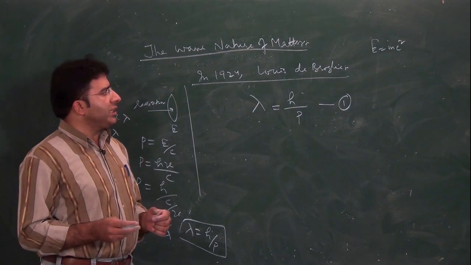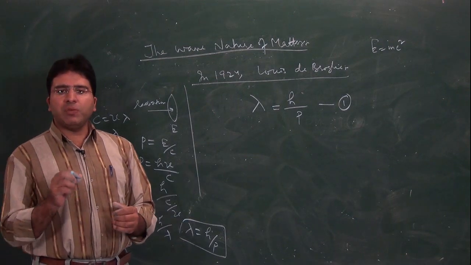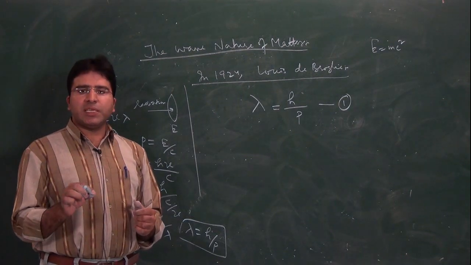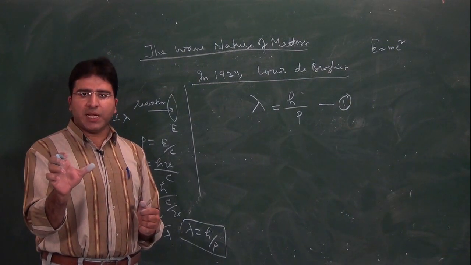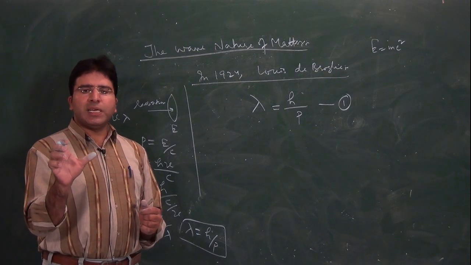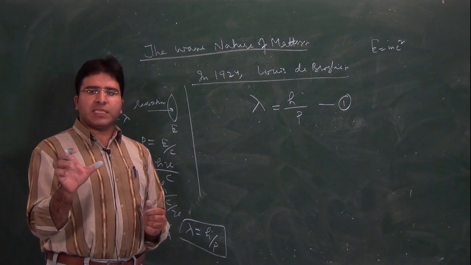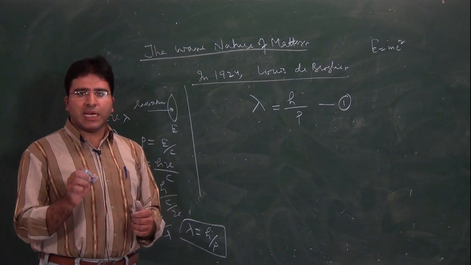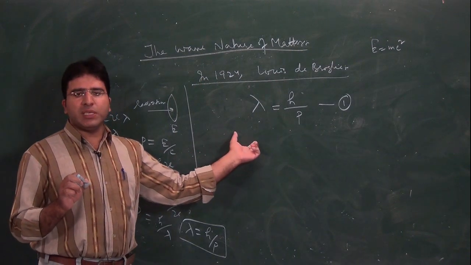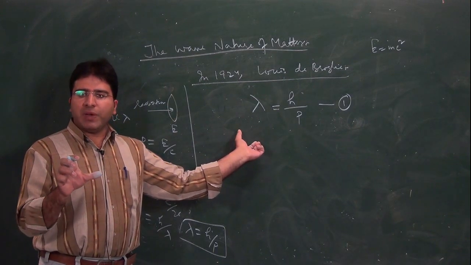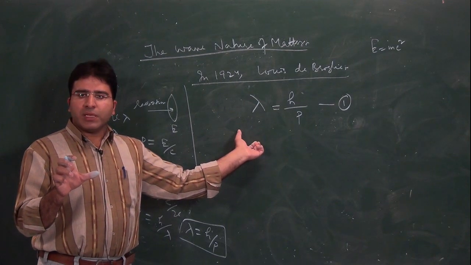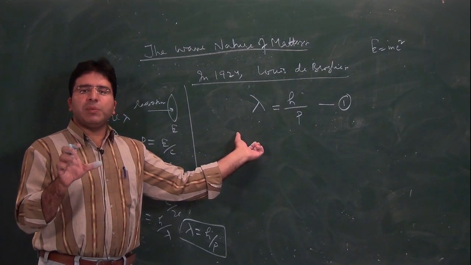We know in 1801, the same thing was done by Thomas Young in Young's double slit experiment, in which he measured the wavelength of visible light. That is why Young's double slit experiment is considered the first conclusive proof for the wave nature of light. If you measure the wavelength of something, that is sufficient to establish it is a wave.